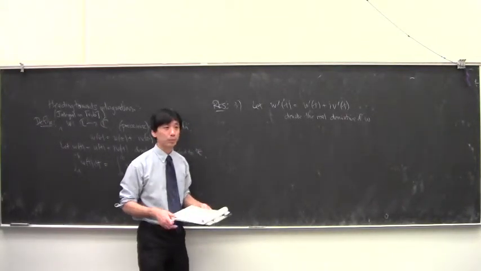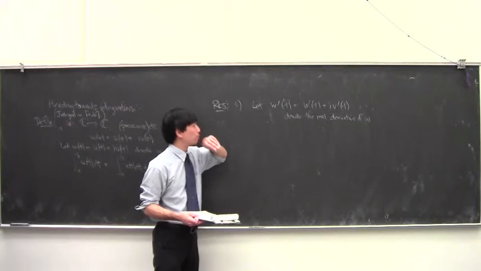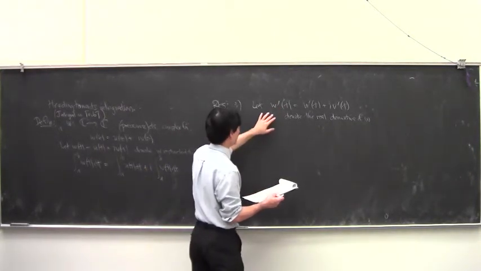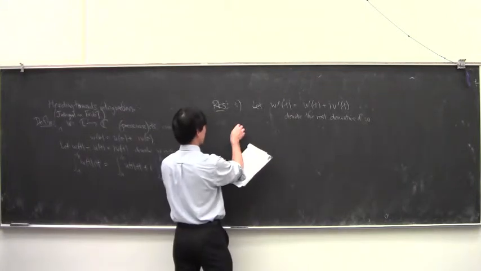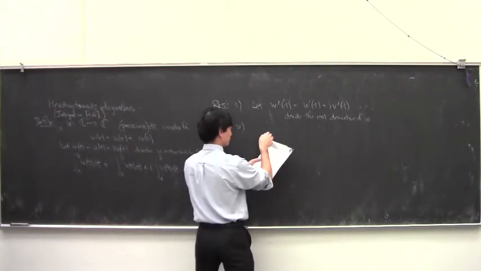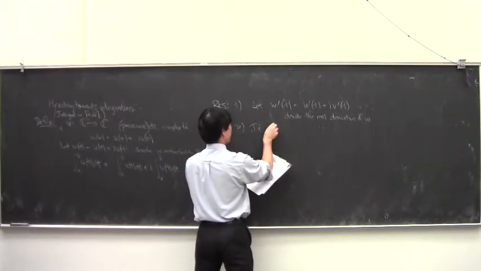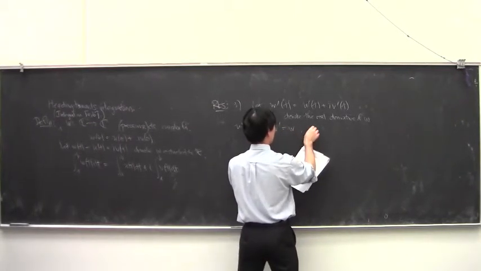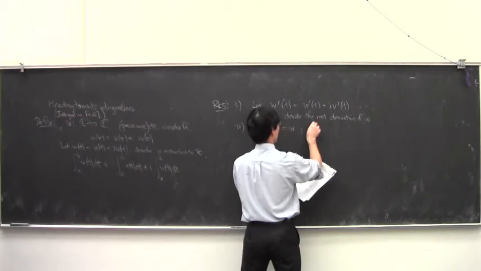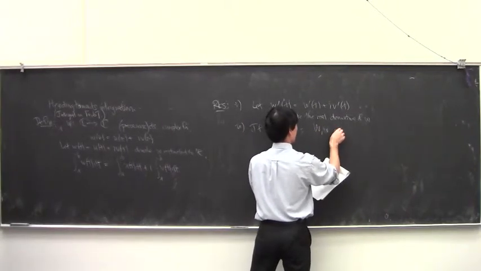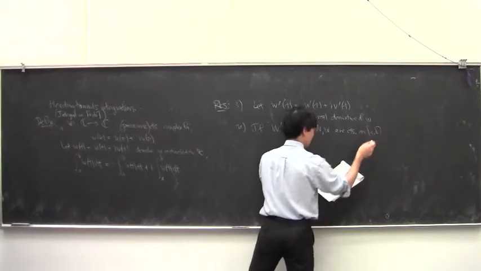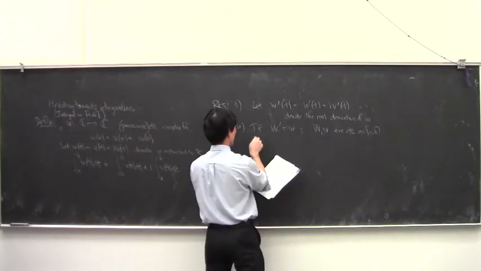So this is abusing notation, right? But anyway, we'll use it. If capital W prime equals little w, and W and little w are continuous on [a,b], then of course you have the fundamental theorem of calculus, right?